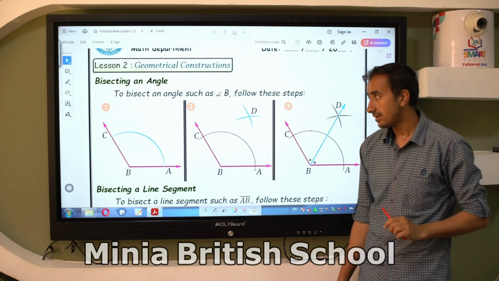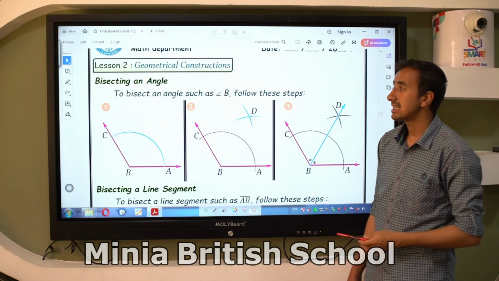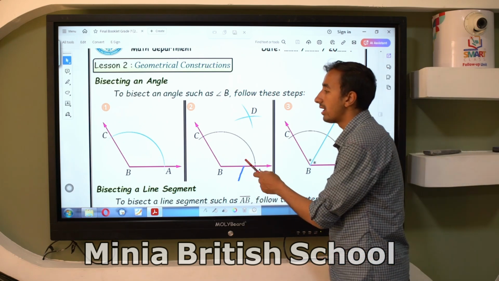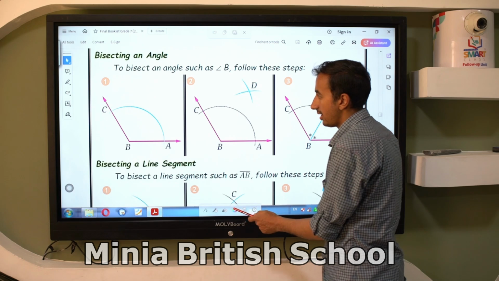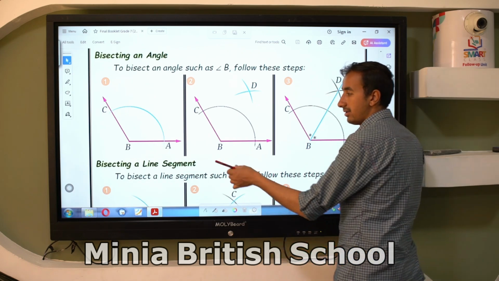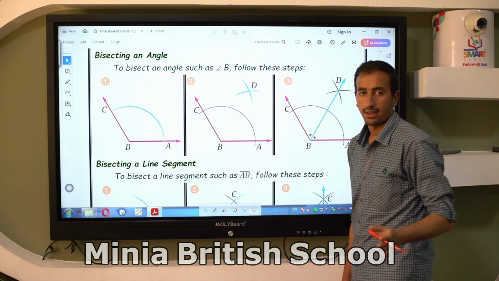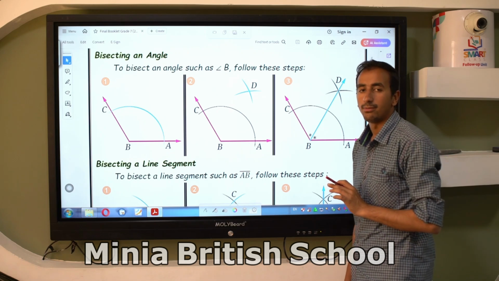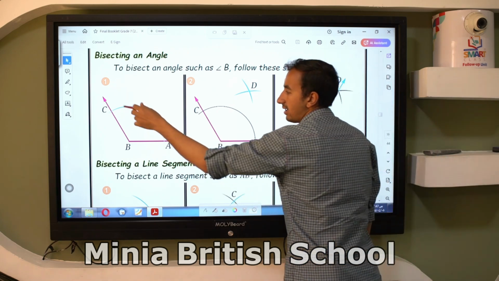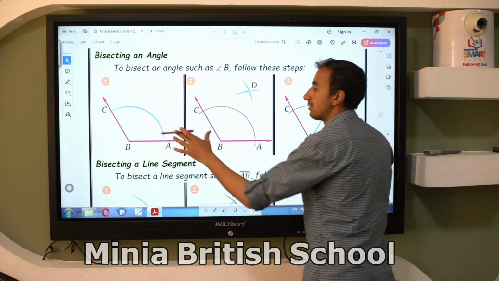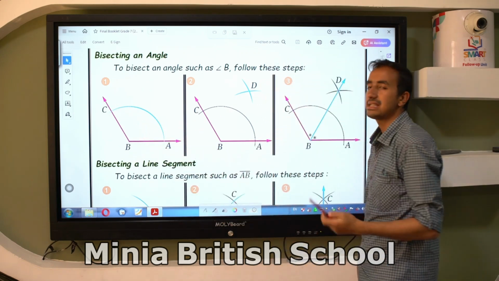Okay? Yes. Here we have the first one, bisecting an angle. We make an angle with a given measure. Here I have an obtuse angle made using a protractor. How to bisect this angle?